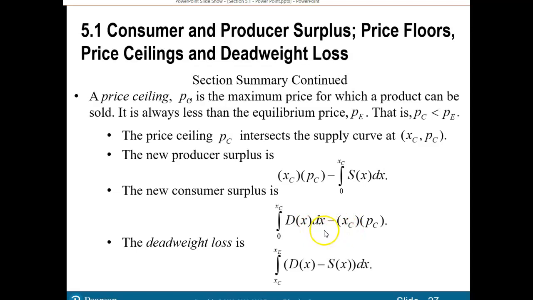We use our definition of consumer surplus, but with this ordered pair. And then to calculate the dead weight loss, we integrate from the x value of your price ceiling to the x value of equilibrium, demand minus supply. Remember, demand is your larger curve because it was a decreasing curve. Supply is the smaller one because it was increasing, so that's why we subtract in this order.